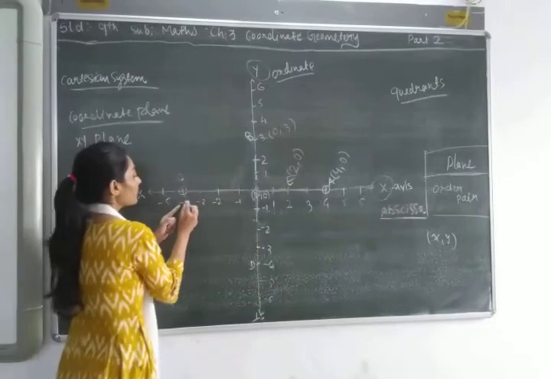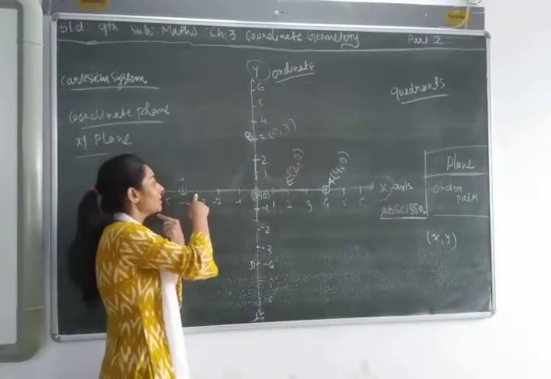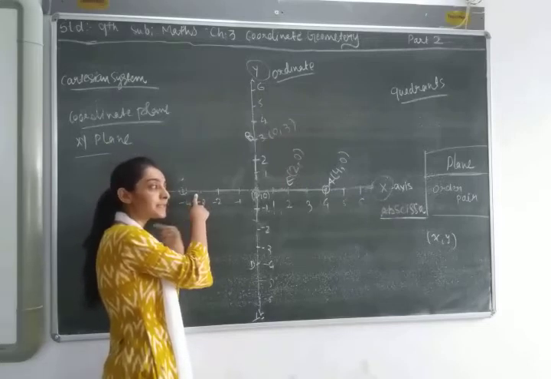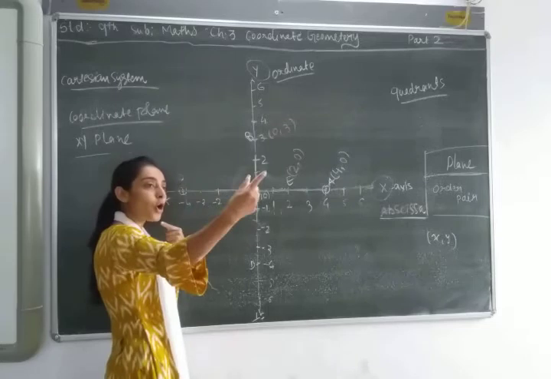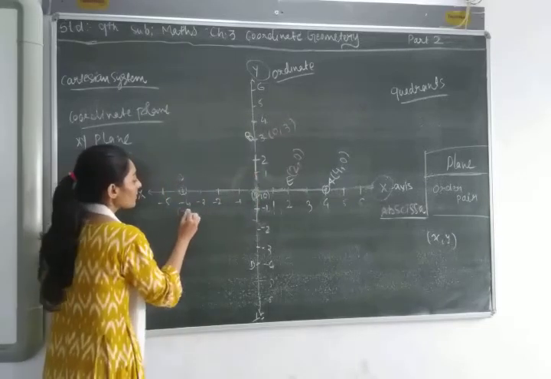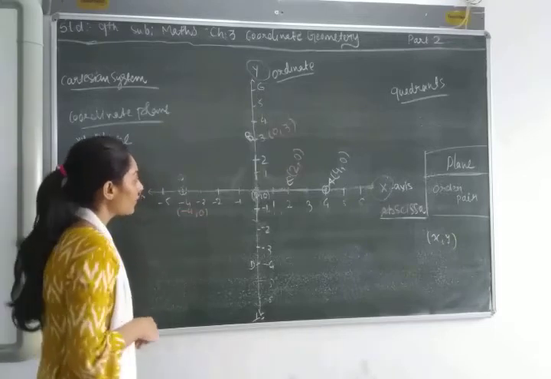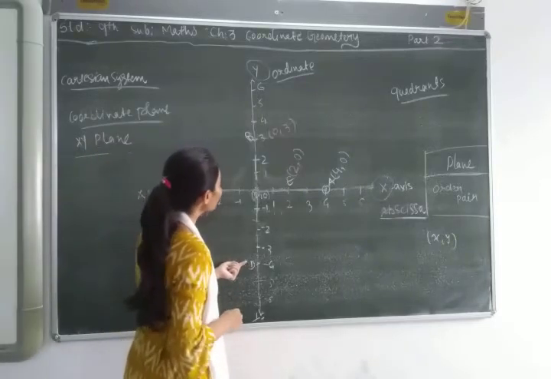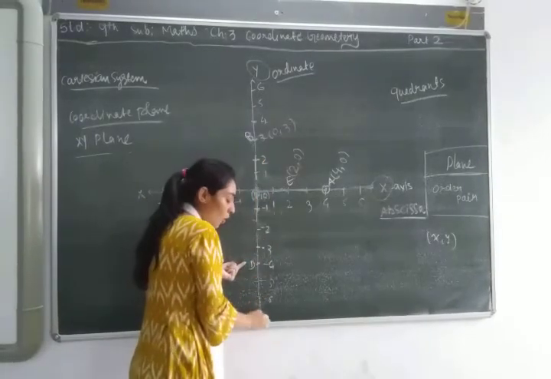Now over here, again, this point lies on the axis. If the point lies on the axis, so their y coordinate is 0. So minus 4, comma 0. Now look at this point D. The point lies on the ordinate.